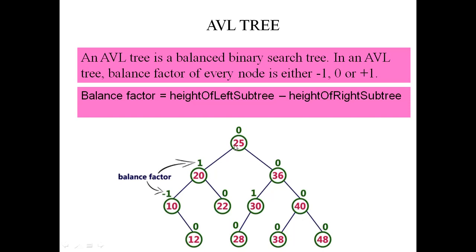The longest leaf node is 1, 2, 3, and that is 3 for the left subtree. Any one of the branches can be taken, 1, 2, 3, but it should be the longest leaf node. So 3 minus 3 is what? 0. So that is the procedure of how we calculate the balance factor of any node.